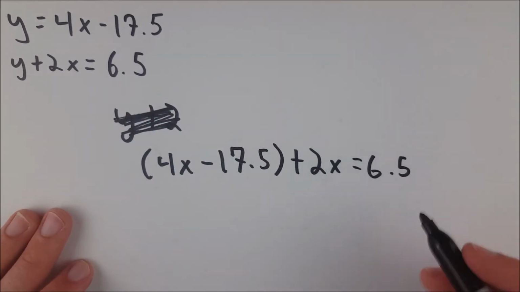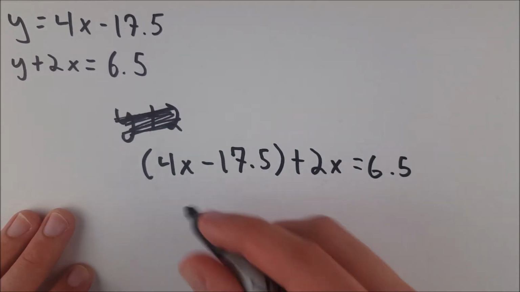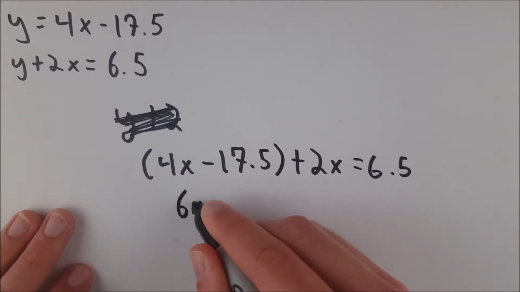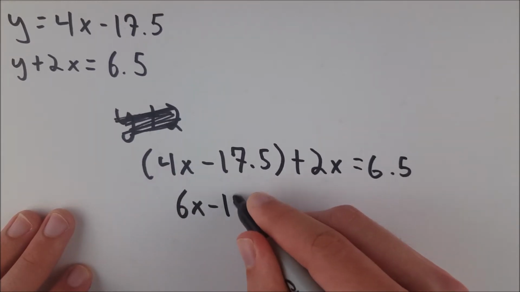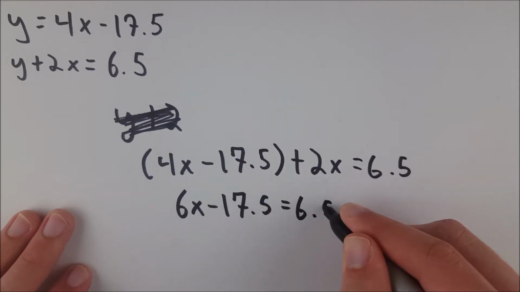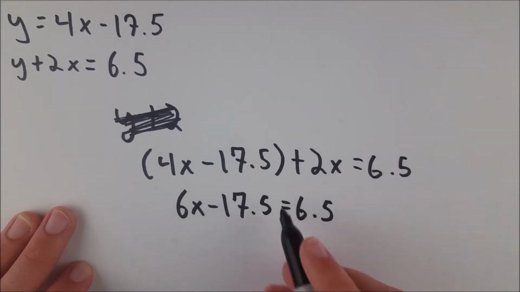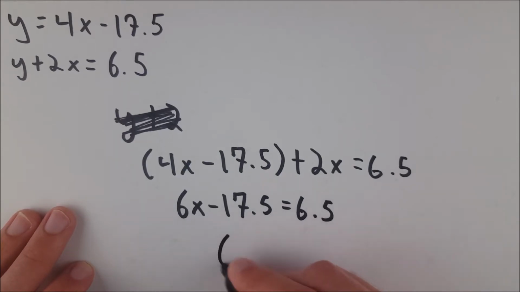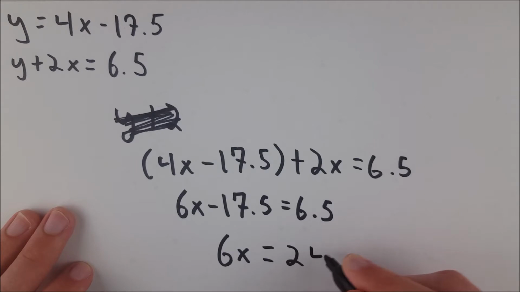So now we can add like terms, 4x plus 2x, so we are left with 6x minus 17.5 equals 6.5. And then we just have to add 17.5 to both sides to give us 6x is equal to 24, and then dividing both sides by 6 gives us x equals 4.